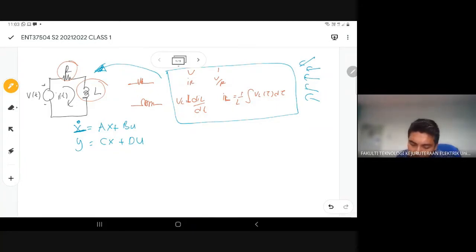You have the resistor and you write down the formula for the resistor, and then you have the inductor and you write down the formula for the inductor. Then you have the state space equation, X dot equals AX plus BU, Y equals CX plus DU. So can you tell me what your X dot is according to this information?